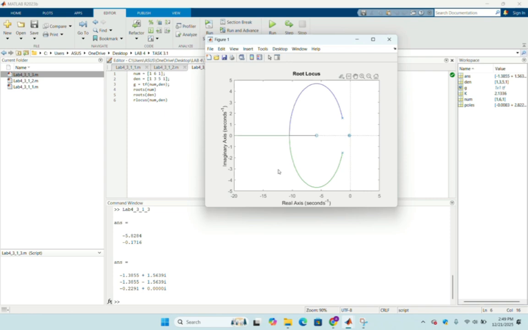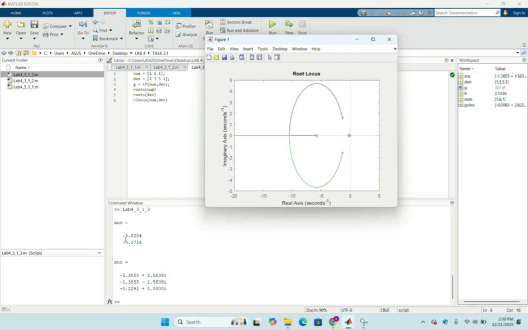There are also 2 infinite zeros, 1 and 2. So here is my answer for 3.1.3.